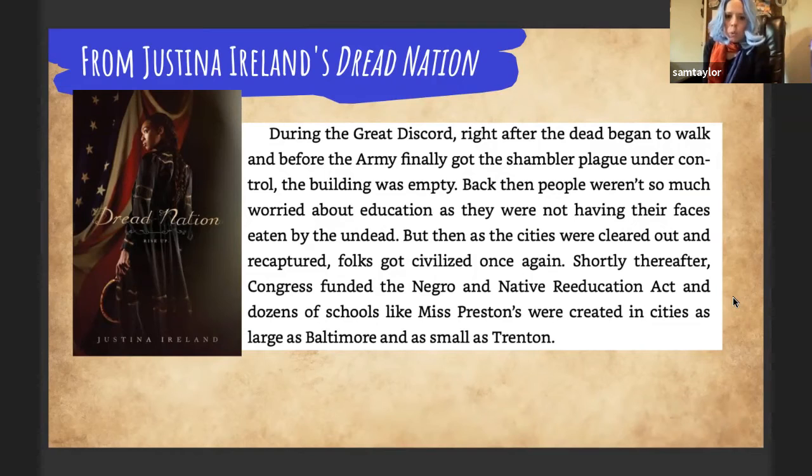Back then, people weren't so much worried about education as they were not having their faces eaten by the undead. But then as the cities were cleared out and recaptured, folks got civilized once again. Shortly thereafter, Congress funded the Negro and Native Re-Education Act, and dozens of schools like Miss Preston's were created in cities as large as Baltimore and as small as Trenton.